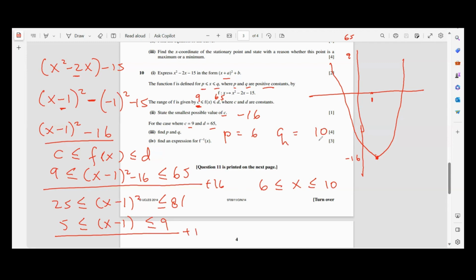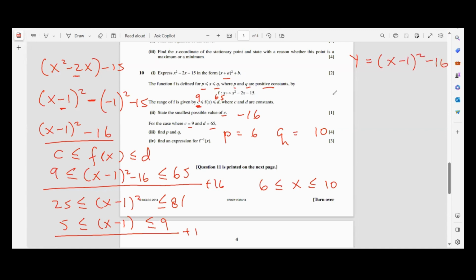And then for the II, we find the expression of the f inverse. Okay, for the f inverse, let's clean this first. Okay, y equals (x minus 1) squared minus 16.